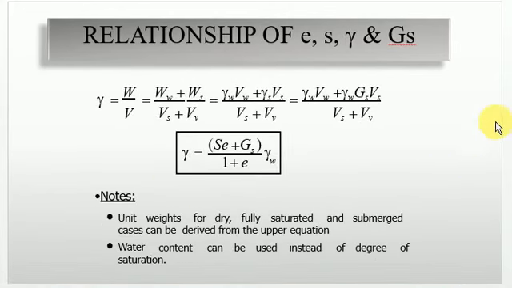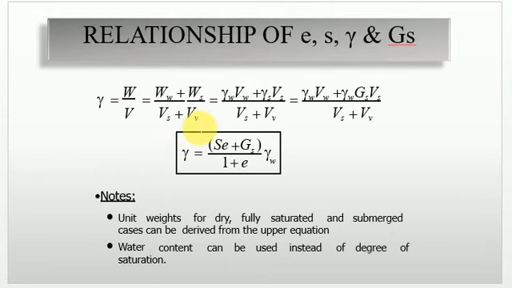The relationship of void ratio, degree of saturation, bulk density and the specific gravity. As we know, the density is equal to weight over volume. So the total weight is the weight of water plus weight of solid, and the total volume is volume of solids plus volume of voids.